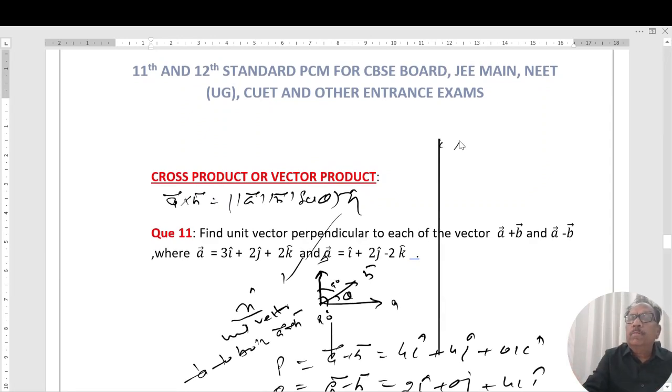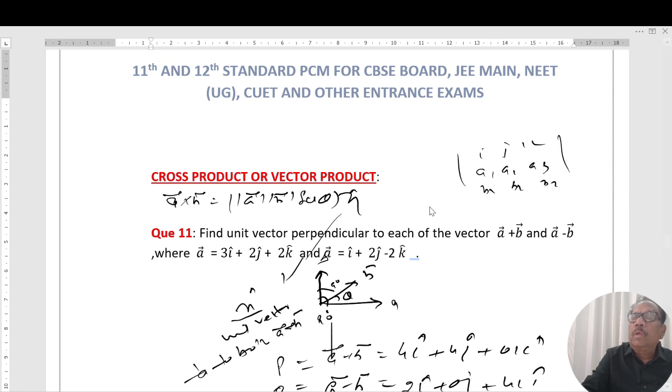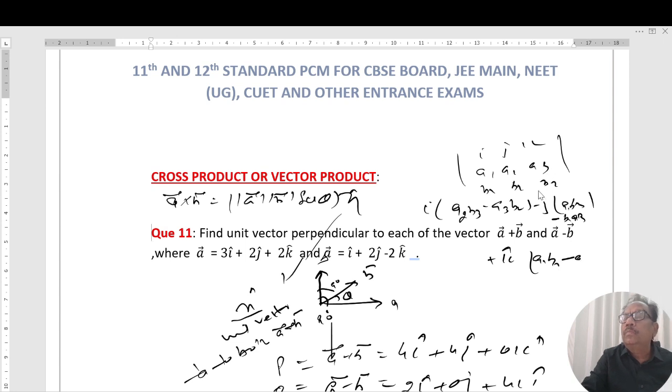This is i, j, k; A1 A2 A3; B1 B2 B3. i times (A2 B3 minus A3 B2), minus j times (A1 B3 minus B1 A3), plus k times (A1 B2 minus B1 A2), right? This is that in terms of Cartesian coordinates.